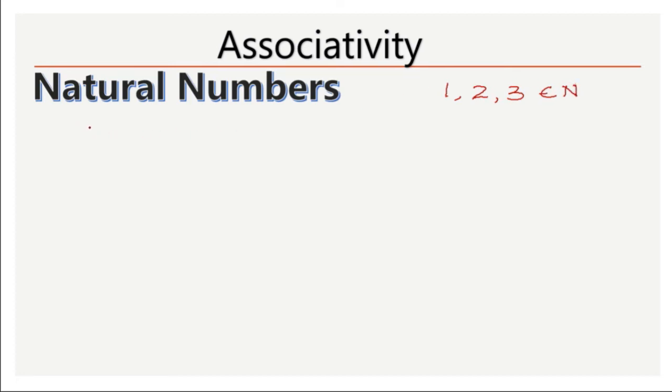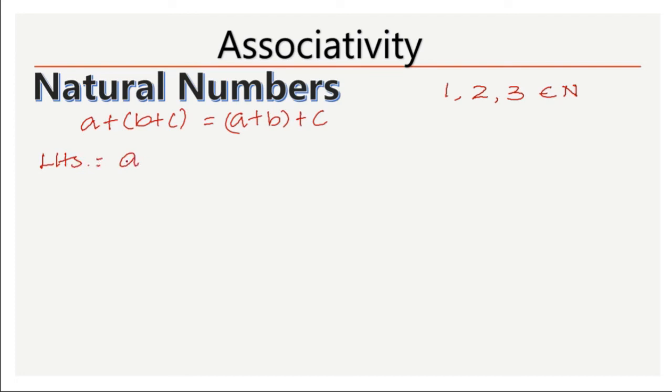Let me verify A plus (B plus C) equal to (A plus B) plus C. I want you to recall that in the BODMAS rule, we have learned that whatever is in the bracket is to be simplified first.